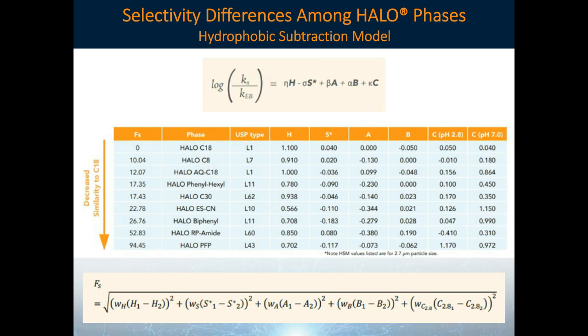For our purposes, we consider Halo C8 and Halo AQ-C18 equivalent selectivity to Halo C18. When the F sub S value is greater than 12, those two phases are considered orthogonal or different. For instance, if you look at the F sub S value for Halo biphenyl, it calculates 26.76. The higher the F sub S value, the more different or orthogonal the bonded phases.